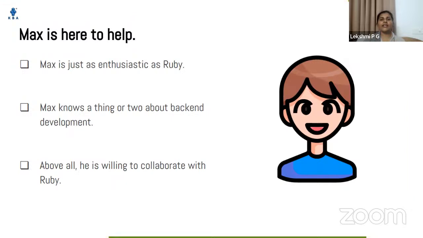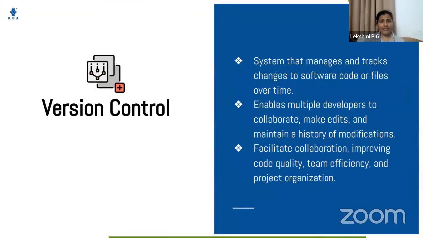So there comes another tool or platform that again helps Ruby. That is Git. Git is a version control system. Git is the most commonly used version control system. Version control system means it manages and keeps track of all the things happening on that software.